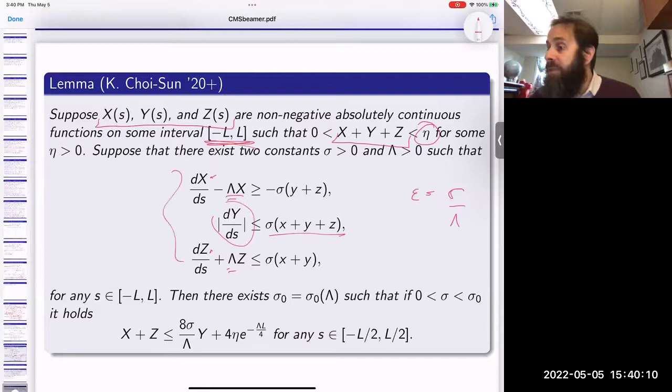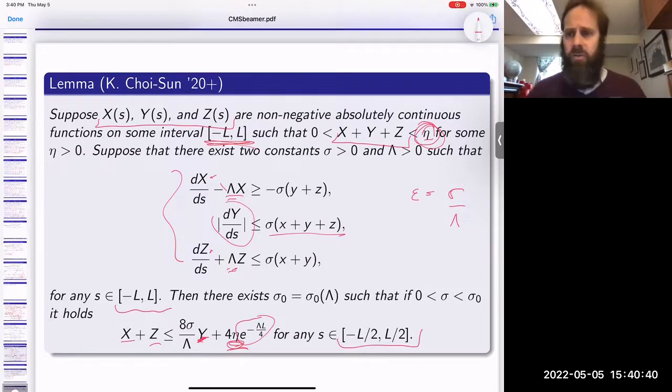If I have these inequalities on a large interval in time from minus L to capital L, then on half the interval, I can make a quantitative statement that says both the growing mode and the decaying mode are controlled by the neutral mode plus a little error. And the error is controlled by how big these three things are, and the length of the interval suppressed by the rate of growth and decay. So we needed this refinement in order to show the second corollary, which is the one that says, if the dimension of the set of solutions agrees with the kernel, then you get exponential convergence again.